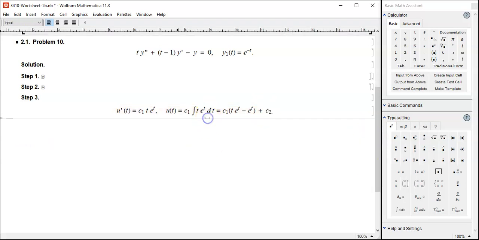So let's go with the final answer. What is y2? Is u times y1 of t, isn't it? So it is the same as this one over here, which is just calculated, times exponential of negative t.